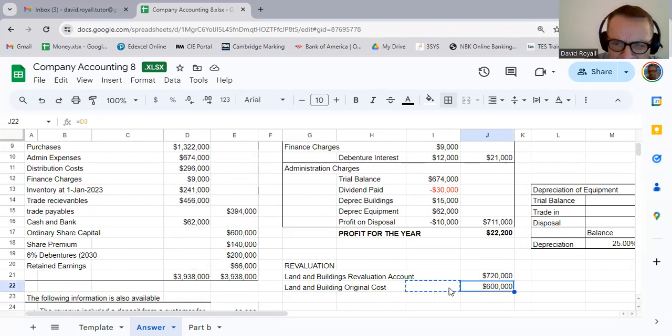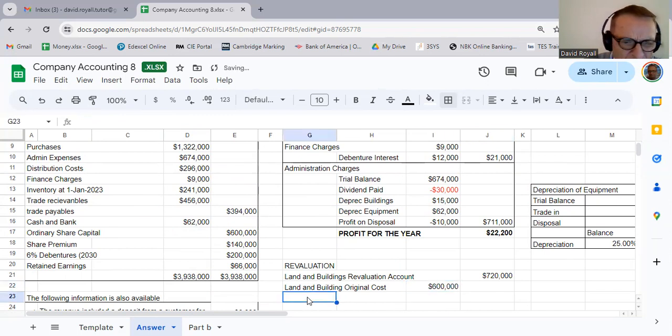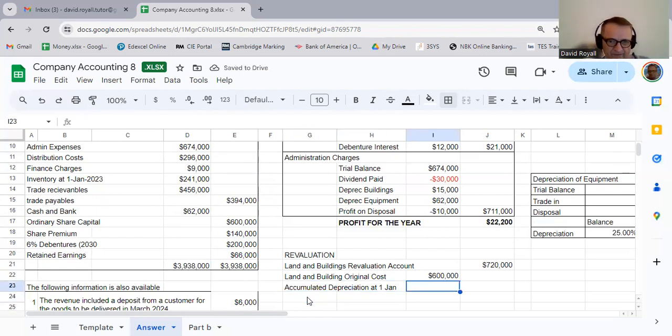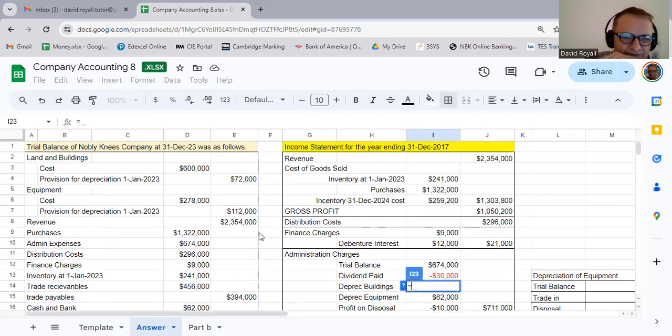Let's bring that in, because what we've now got to do is take away from that the accumulated depreciation at the 1st of January. It's almost like we're wiping off all the transactions of the past. Because when you get rid of, on paper anyway, an asset, you must get rid of any depreciation associated with it. Now that was 72,000.